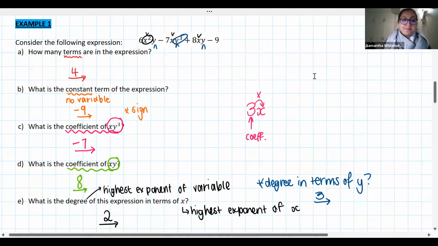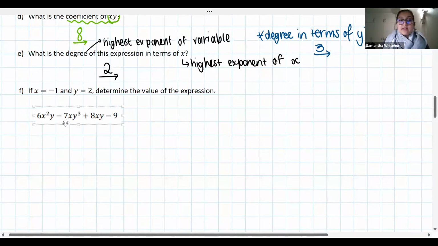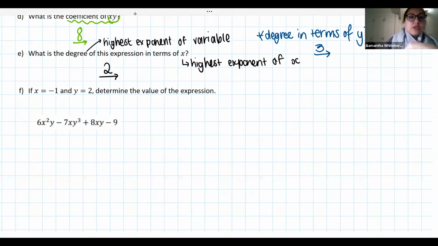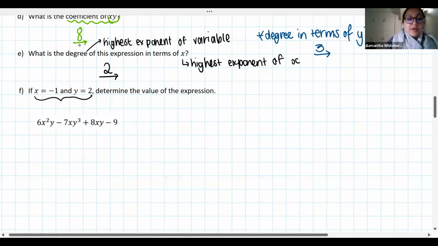Okay. Right, question F, I have now given you values for x and y. I've just been lazy, I'm copying the expression. I have said, if x equals -1 and y equals 2, determine the value of the expression. So grade 8, the second I give you specific values for your variables, you need to be using substitution.